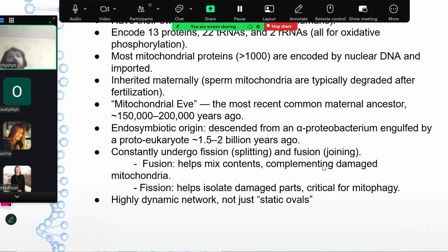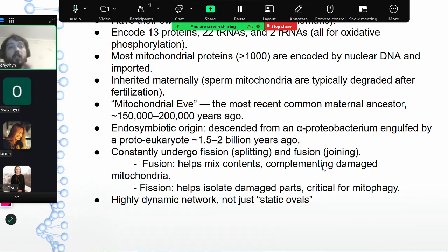you probably know the theory of the endosymbiotic origin, so that mitochondria descended from an alpha proteobacterium that was engulfed by the proto-eukaryote around 1.5 or 2 billion years ago. And mitochondria are capable of undergoing fission, so they can split.